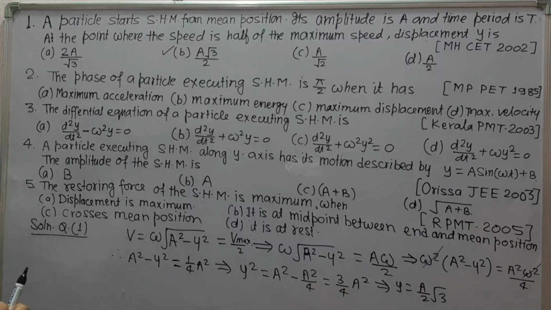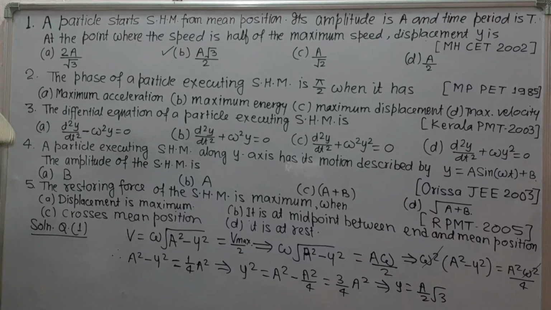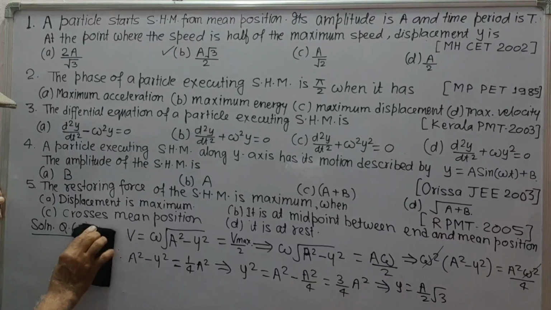Next, second question. The phase of a particle executing simple harmonic motion is pi by 2 when it has, these are the options. Now, solution to question 2.